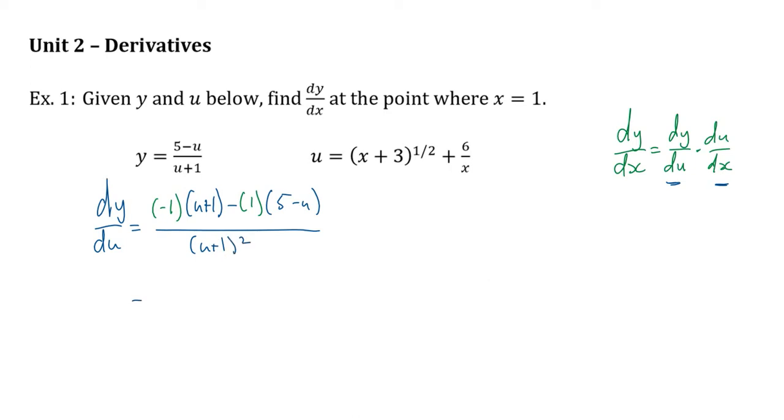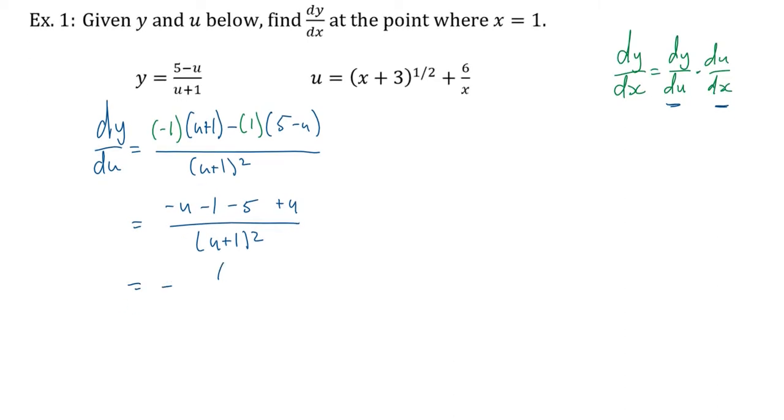And I'm going to simplify this a little bit before we sub in. So I get negative u minus 1 minus 5 plus u over u plus 1 squared, and u minus u is gone, and I get negative 6 over u plus 1 squared.